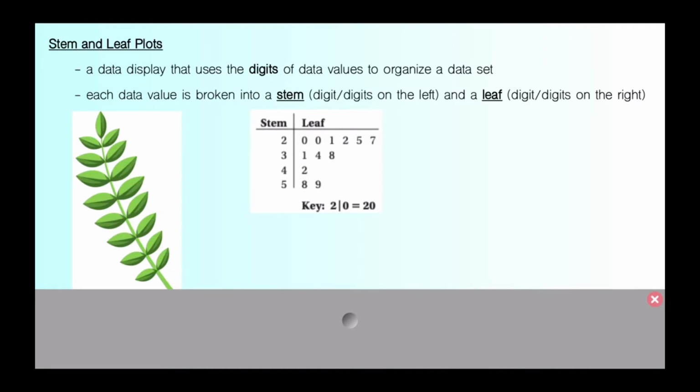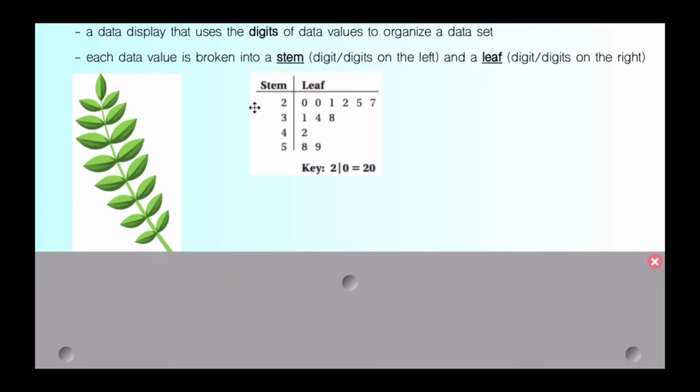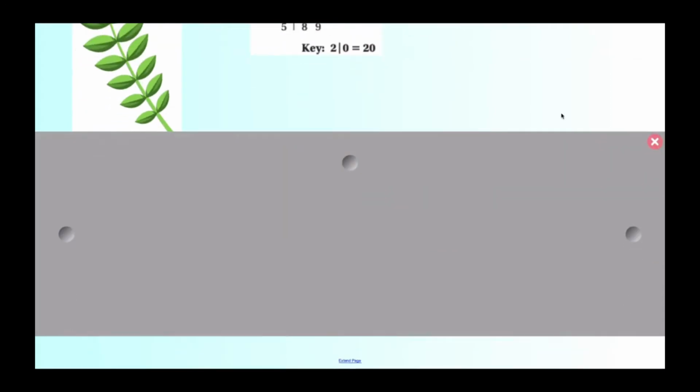This instead takes each of those data values and organizes it by its digits. It breaks each data value into a stem and a leaf. The stem is the first digit or digits, if you had a 3-digit number, that are to the left. And the leaf is the digit or digits, if it was a 3 or 4-digit number, that are on the right. So that's what a stem and leaf plot is, but I think it's kind of confusing unless you actually use an example.